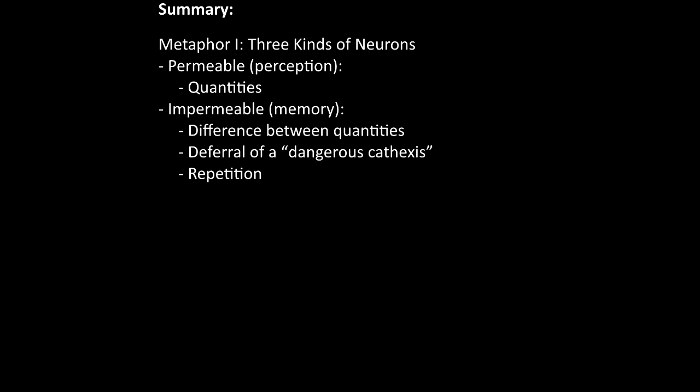So repetition is a key part of memory, but not repetition in the way that we normally think of it. Then this brings us to the third kinds of neurons, which were the perceptual neurons, and this was consciousness, and this was differences that are pure quality. So that's how Derrida defined consciousness here, as qualities, the arising, if you like, of qualities. There's a need for these neurons, because consciousness as qualities can't come from the external world, which is pure quantity, which we saw in perception, and can't come from the internal world of the psyche and memory, which is the differences between quantities.